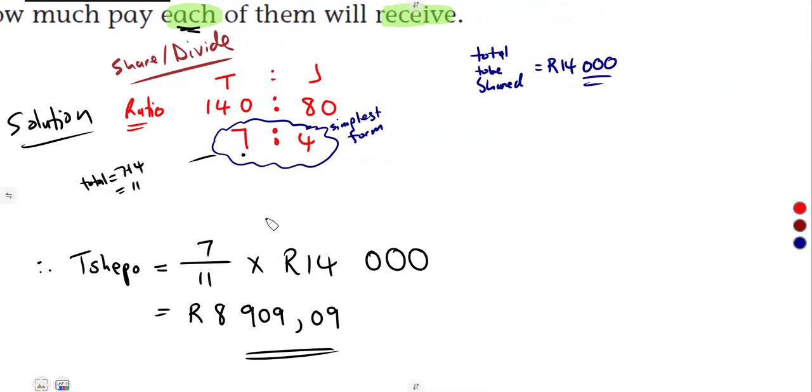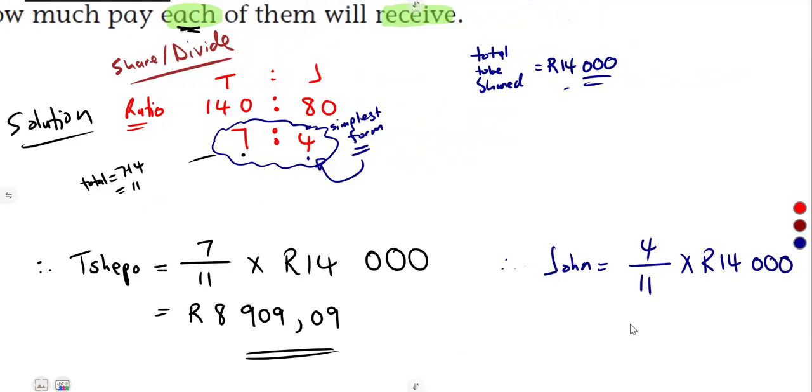All right, what about John? John has got 4 parts. In the simplest form, it is 4 parts. So John is going to have 4 parts out of 11 parts of the ratio times what is to be shared, 14,000 rand. So this is it.